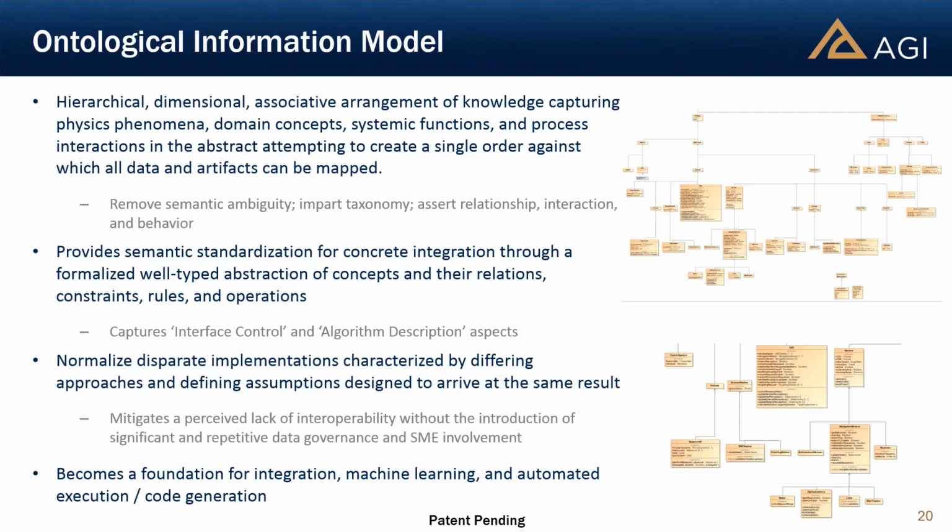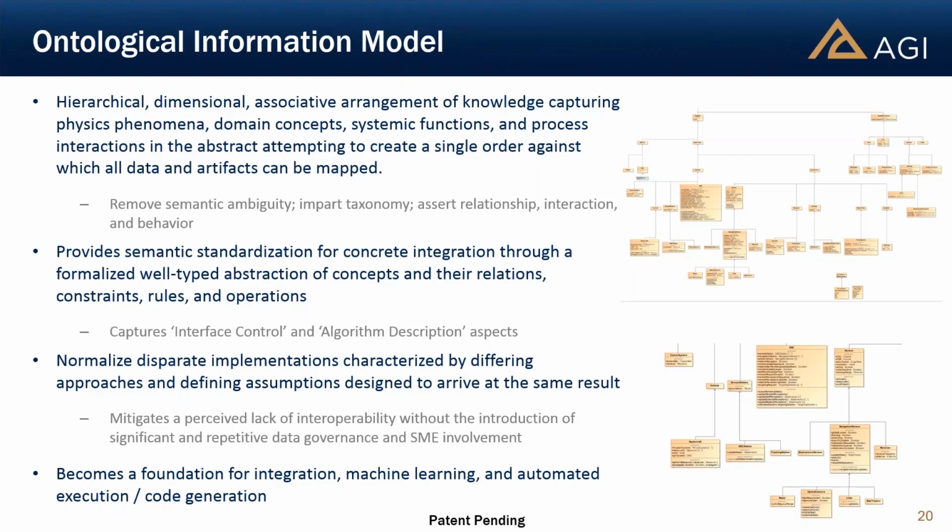What do I mean by this ontology? So think of it as this hierarchical dimensional arrangement of knowledge. And I'm describing things from a physics perspective all the way to a process interaction. And it's described at an abstract all the way to a detailed, whatever's necessary to look at your problem statement.